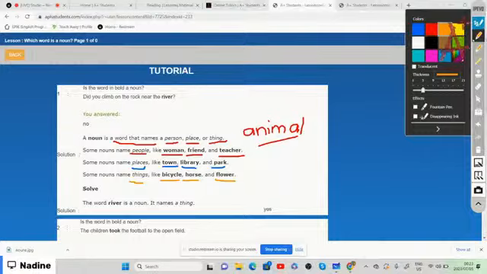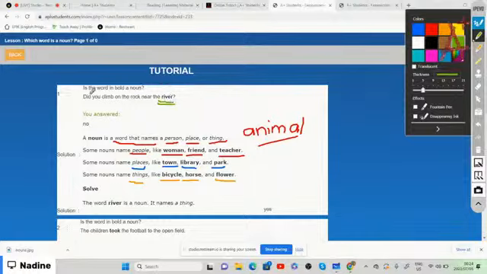So if we look at our first question, did you climb on the rocks near the river? It says, is the word in bold a noun? River. They want to know if the word in bold is a noun, river.